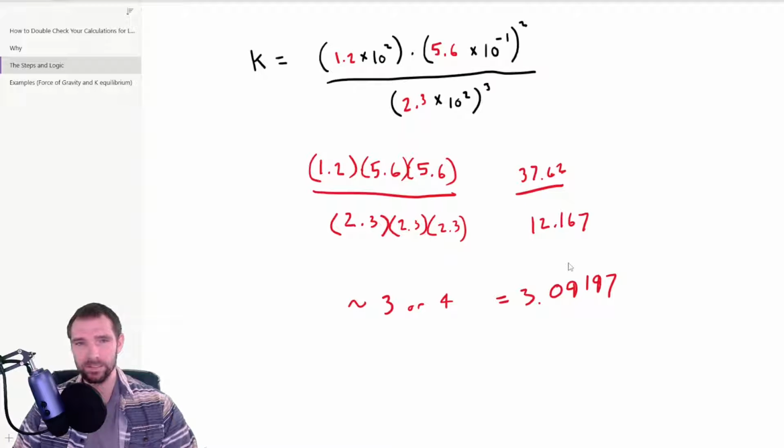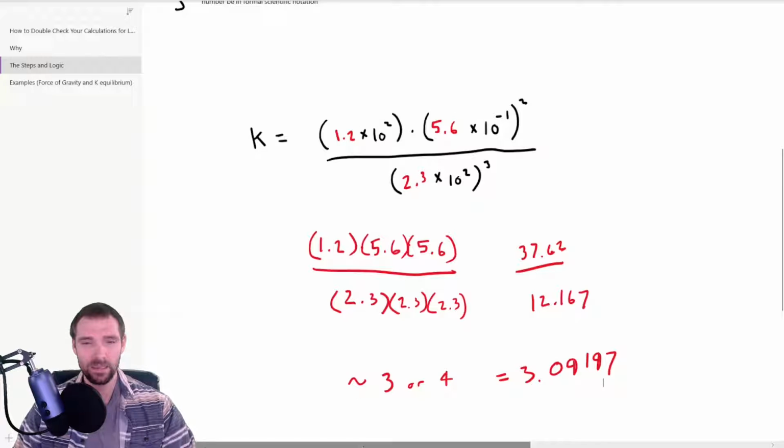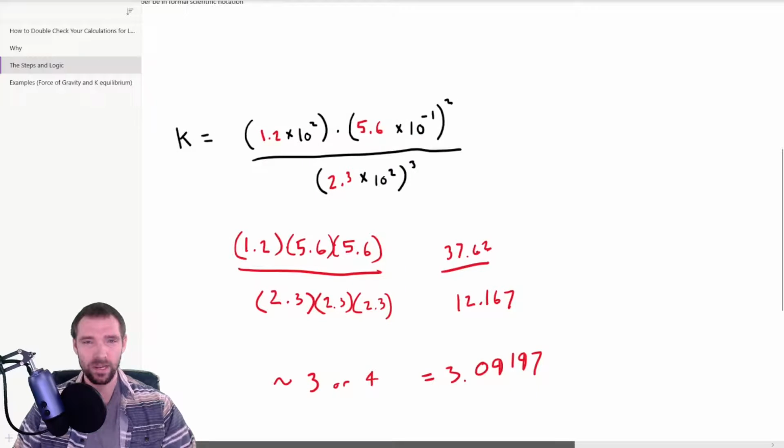Given our significant figures, it's going to end up being 2 sig figs. So whatever the answer is, it's going to be like 3.1 times 10 up to some sort of power. That's one thing, to not even worry about the exponents, but just know how you combine the numbers. And then you use your exponent rules here to look at these guys right here.